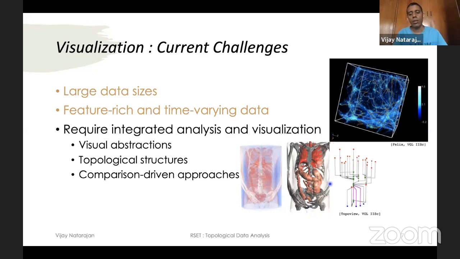They all go into the background as context. So the visualization here at the center is much better at telling us what are the interesting features within my data. So this is what I would like to do. And the tree here is a visual abstraction, and it comes from the study of the topology of this scalar function. So that is the motivation for using topology for visualization, right?